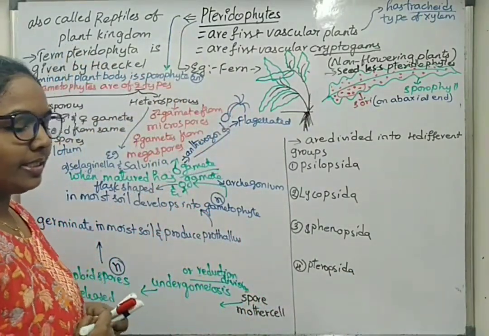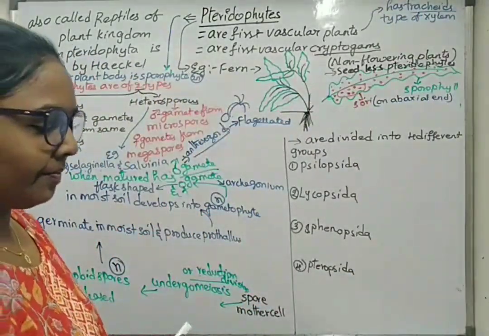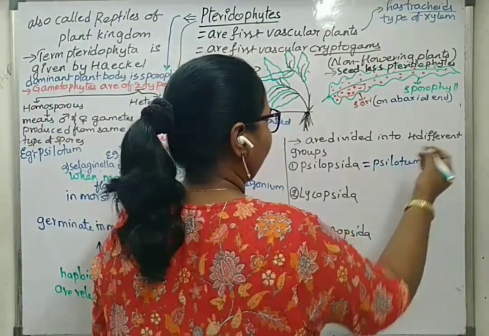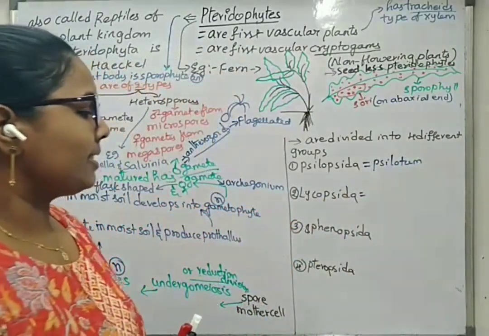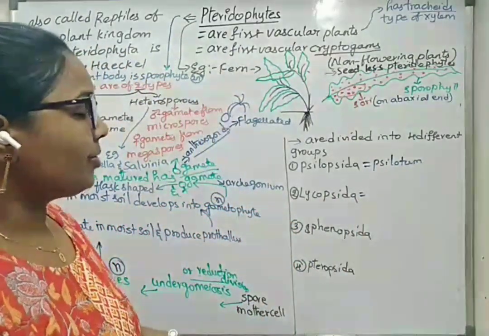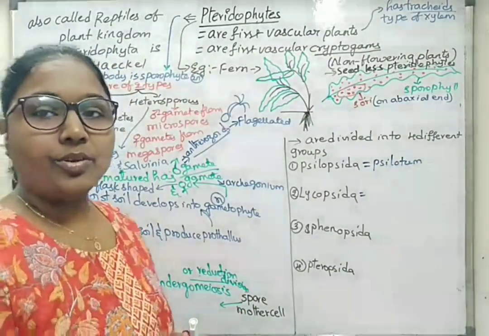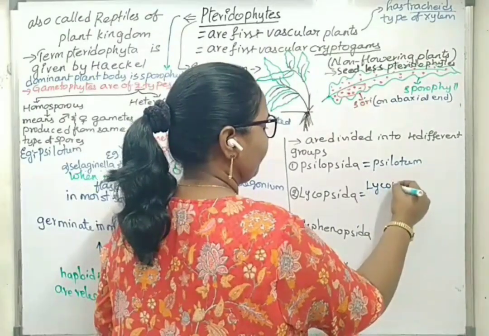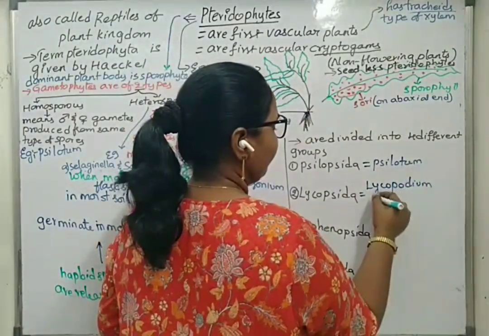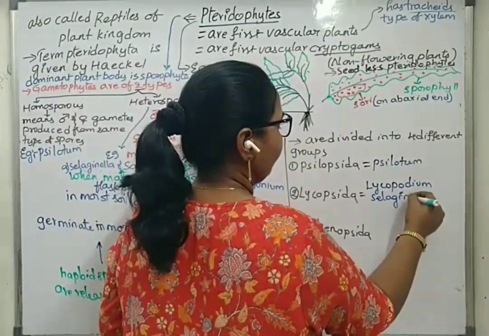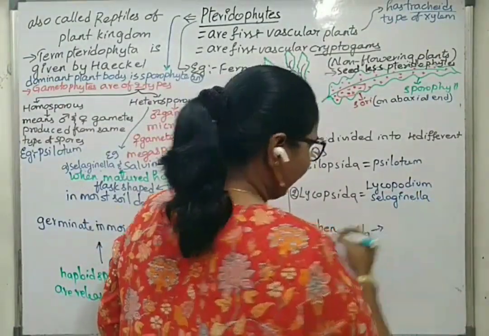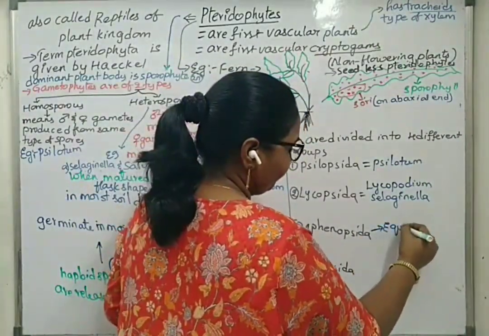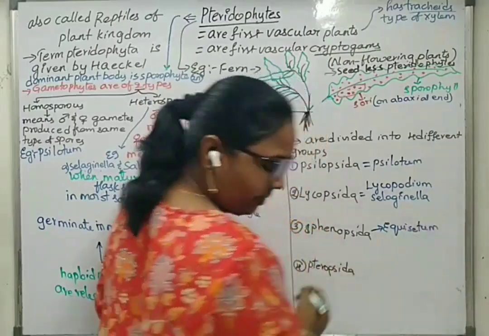Under Psilopsida, we see examples like Psilotum. Under Lycopsida, we see examples like Lycopodium and Selaginella. Selaginella is also called Sanjeevani. Under Sphenopsida, the example is Equisetum.